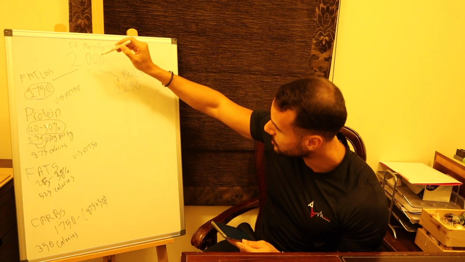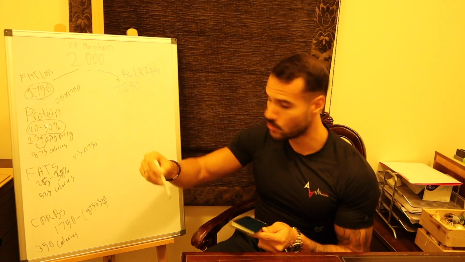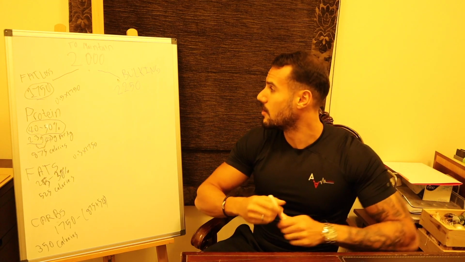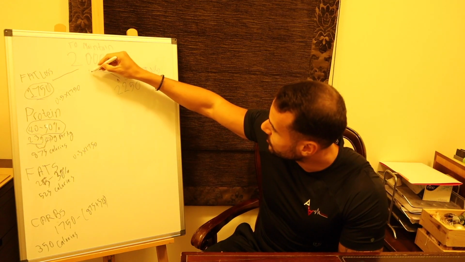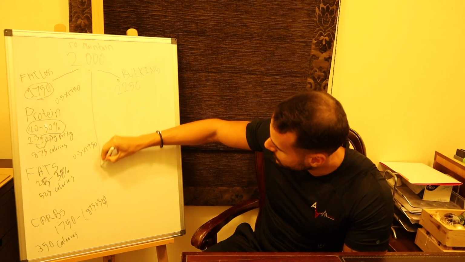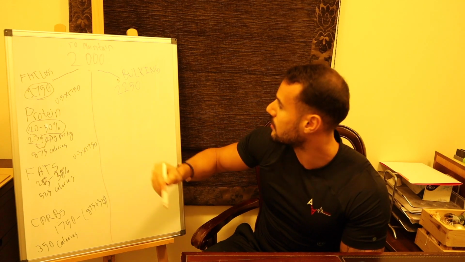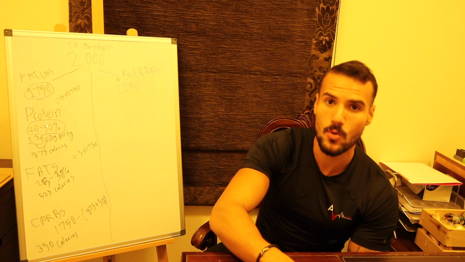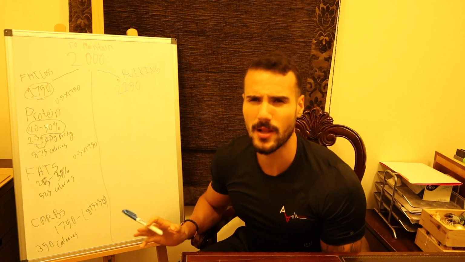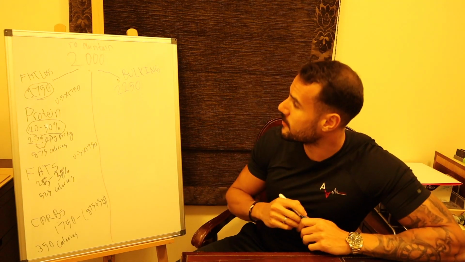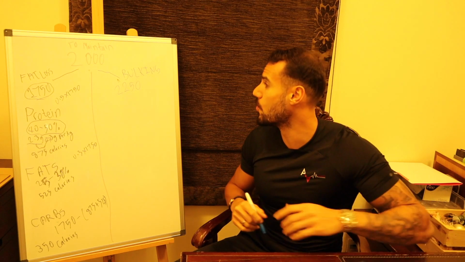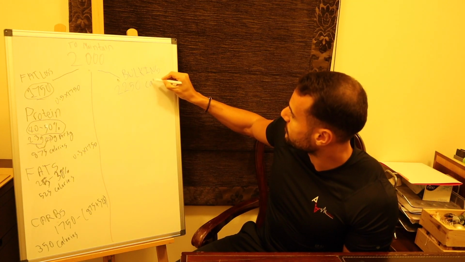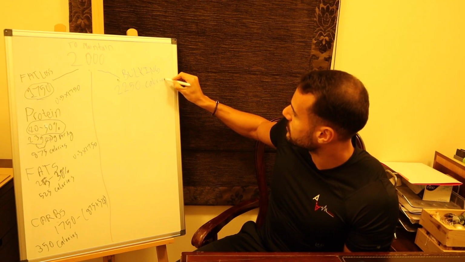I'm just gonna do a little separation here, just for you guys not to get confused. All right. Now, for the bulking, as I said, here it's 2250. So let me just specify, so you guys don't get confused.